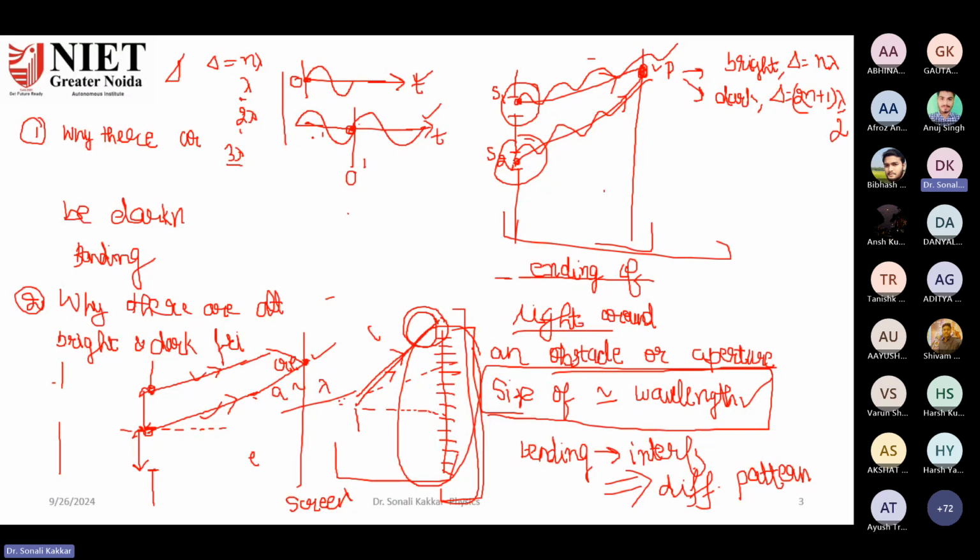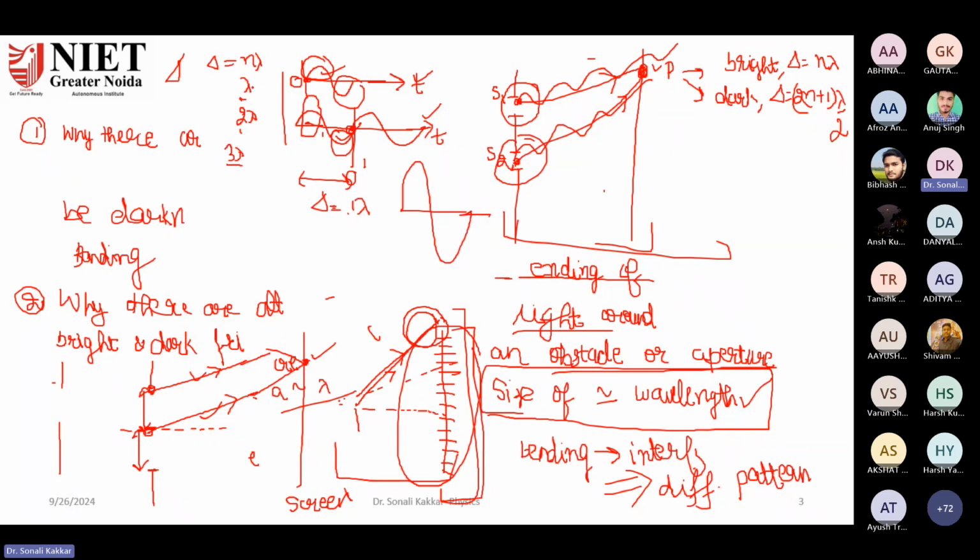So now the path difference between these two waves is lambda. Sorry, delta, which is equal to 1 lambda. If you look at these waves, the crest falls on crest and trough falls over trough. So it will lead to constructive interference. That means there will be a bright fringe.